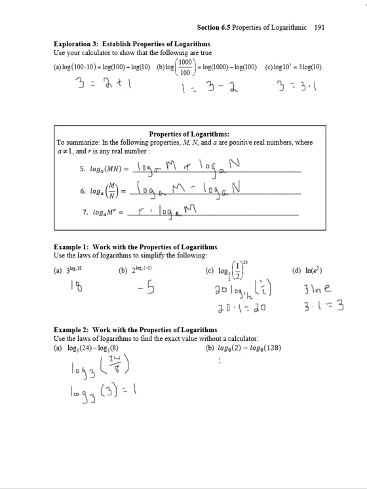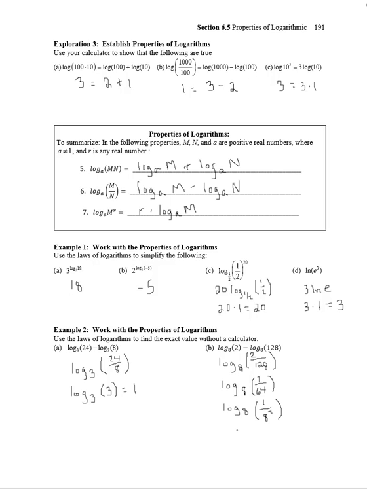Okay, same thing on this one. Log base 8 of 2 over 128. Again, changing the subtraction of 2 logs since they have the same base into a division. So we have log base 8 of 1 over 64, so that's 1 over 8 squared.